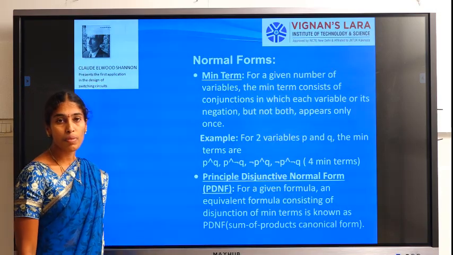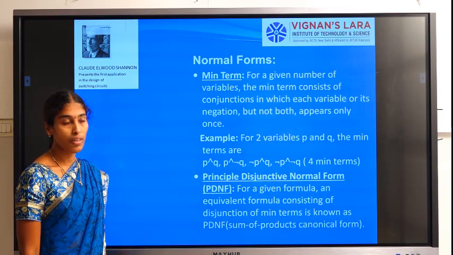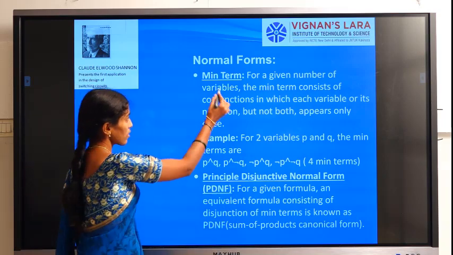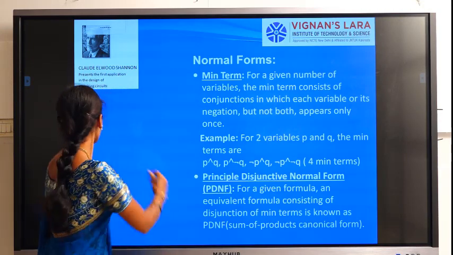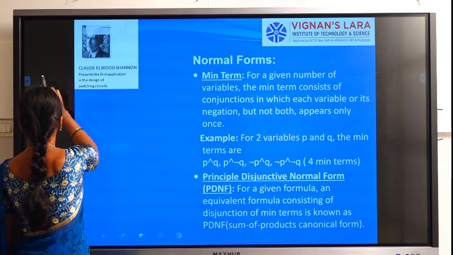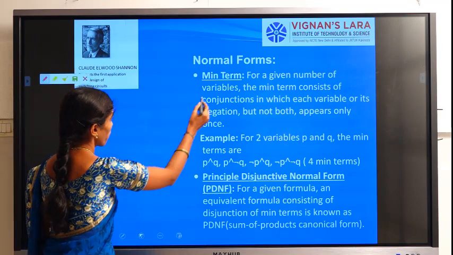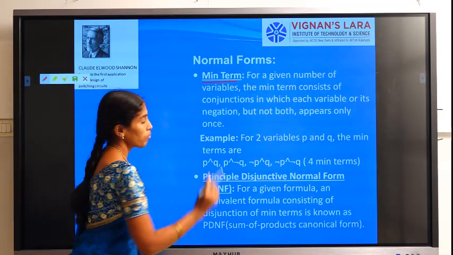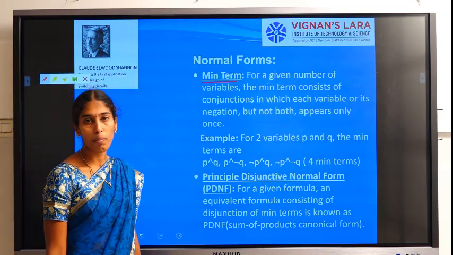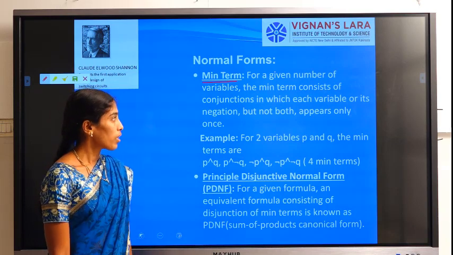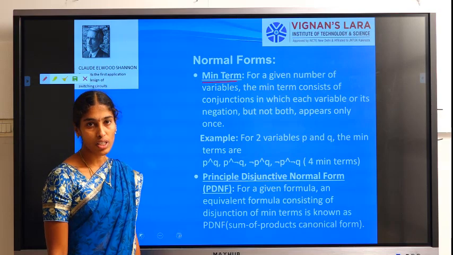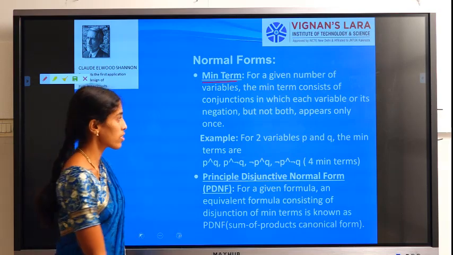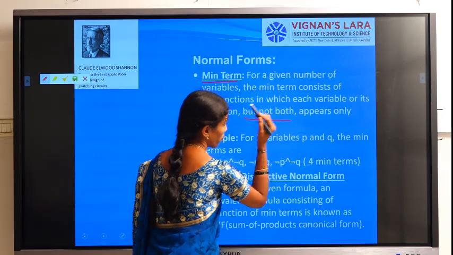To explain the concepts of PDNF and PCNF, min terms and max terms are required. First we see the definition of min term. For a given number of variables, the min term consists of either the variable or its negation, appearing exactly once but not both.